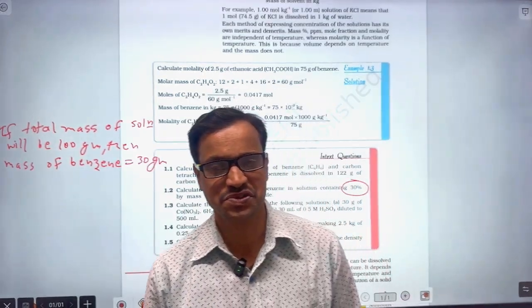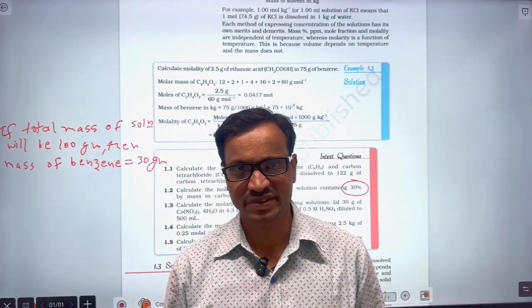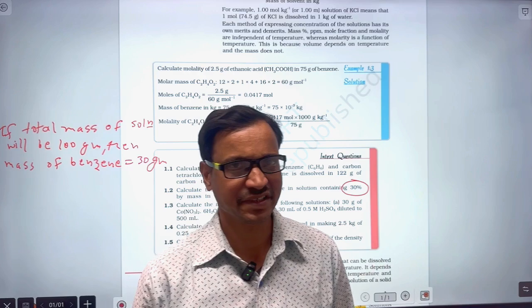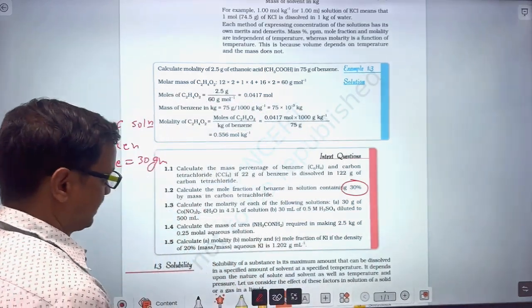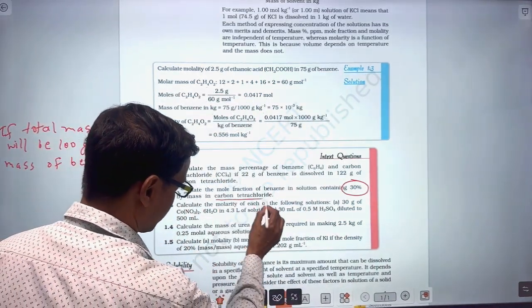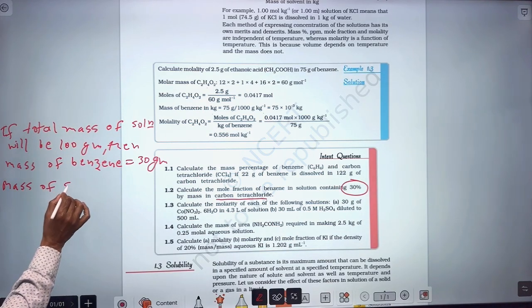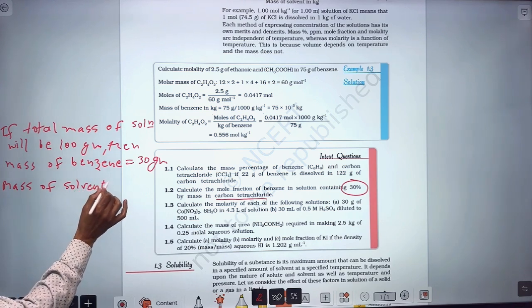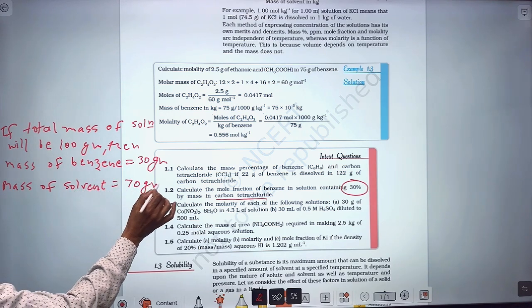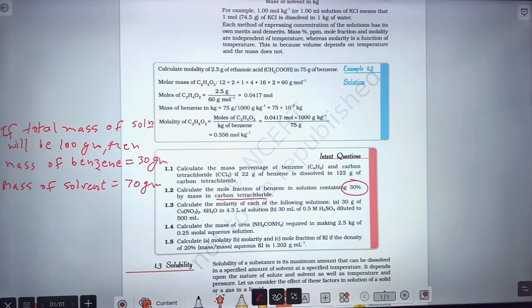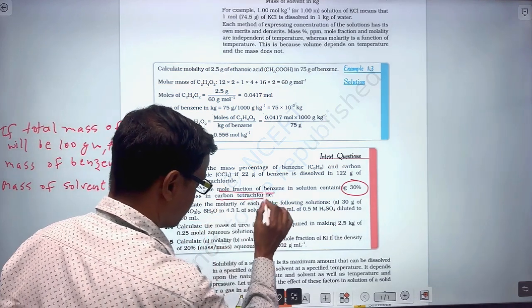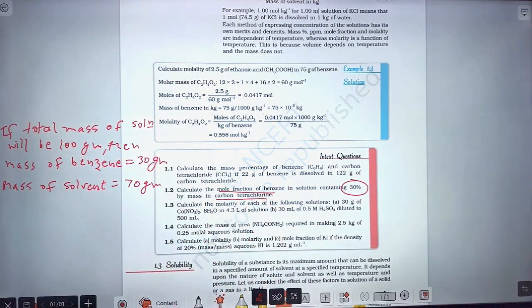And carbon tetrachloride is the solvent, so the mass of solvent will be 70 gram. It's asking the mole fraction of benzene, so you will have to find the number of moles of benzene and the number of moles of carbon tetrachloride.